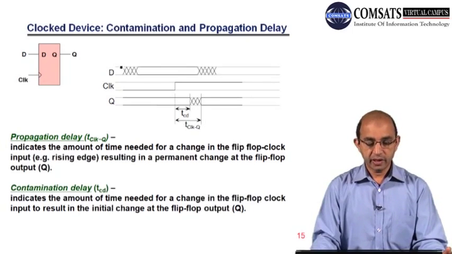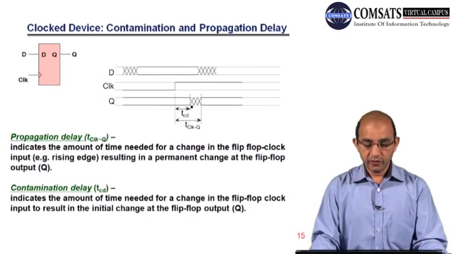This is the input, and you can see that we have both sorts of possibilities, and this is the clock, and this is the Q. Here you can see that on the positive edge of the clock, the output has to change. There is no change till TCD, the contamination delay.